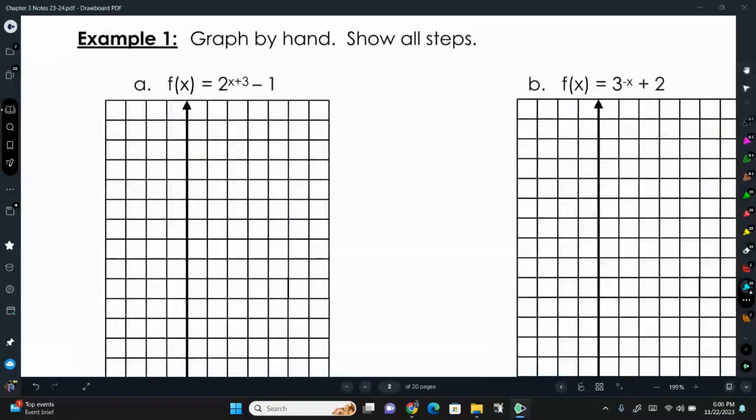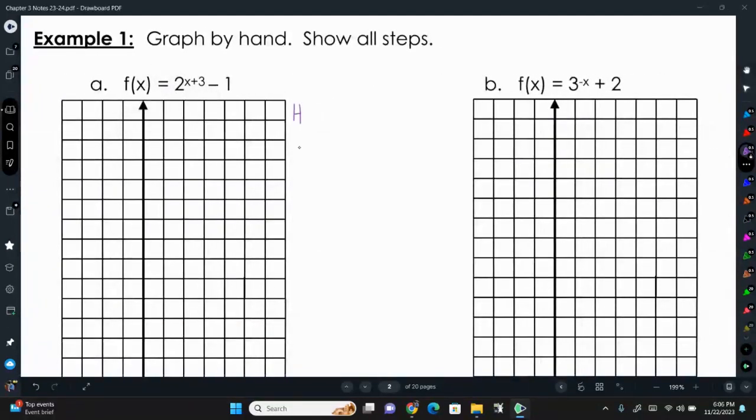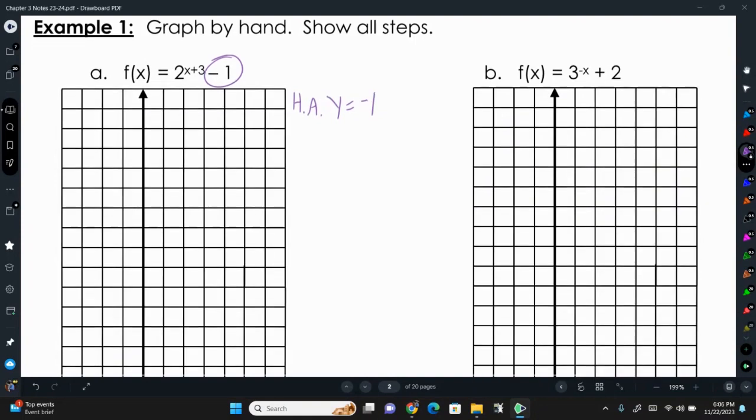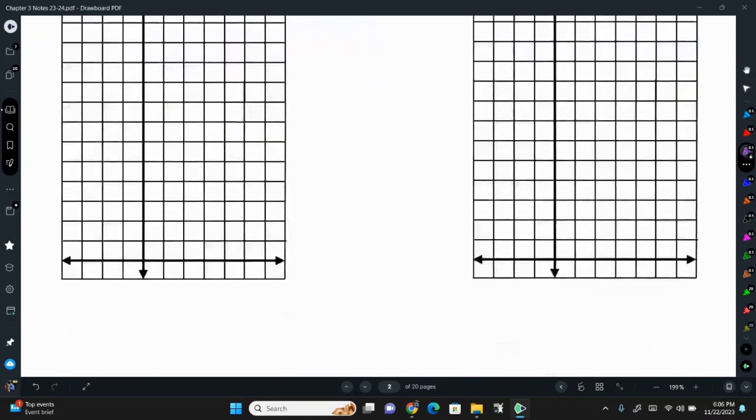So we have 2 to the x plus 3 minus 1. So our horizontal asymptote, our HA, is y equals -1, the number being subtracted at the very end. So I want to draw that.